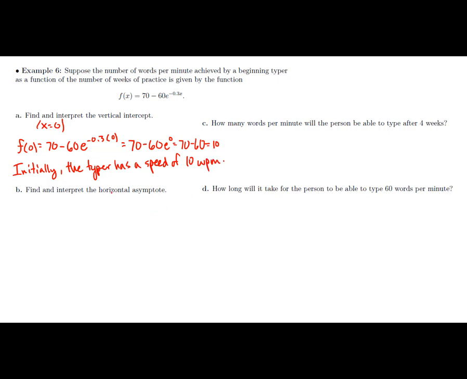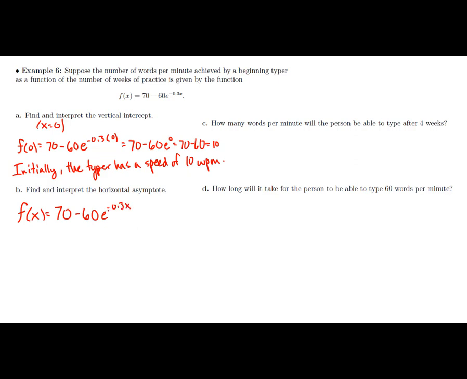Now it says find and interpret the horizontal asymptote, right? Now we looked at horizontal asymptotes with rational functions, right? So a horizontal asymptote was what happens when we let the x value get really, really big, right? So let's think about this for a moment. So first of all, f of x is equal to this.